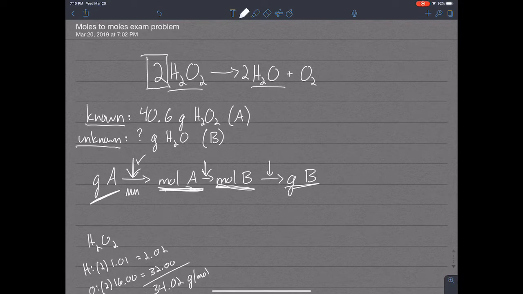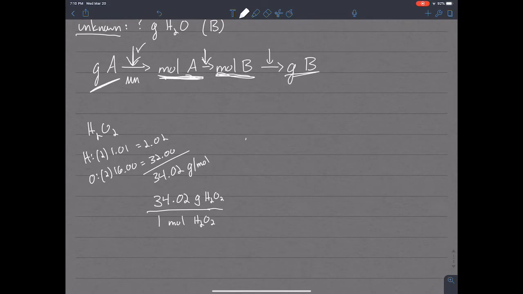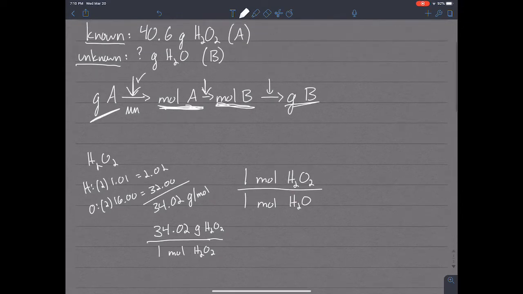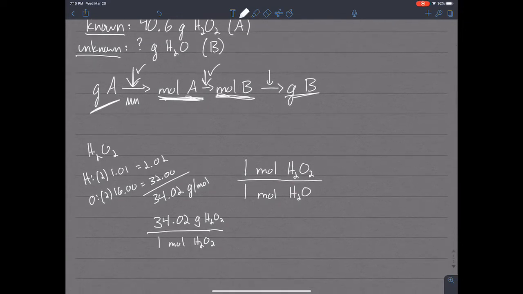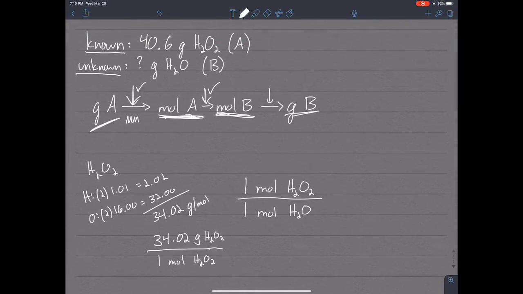It's 2 to 2, or 1 to 1. So for every 1 mole of H2O2 that reacts, I'm going to produce 1 mole of H2O. That's this conversion factor right here. Using this is going to allow me to go from moles of A to moles of B. And obviously, it's going to be the same amount of moles because it's a 1-to-1 ratio.